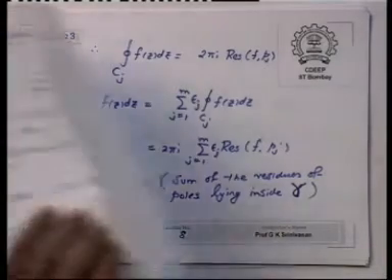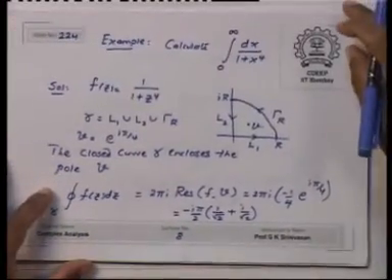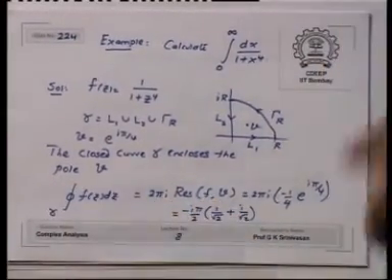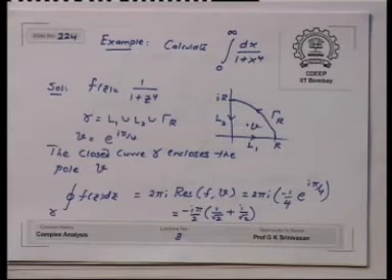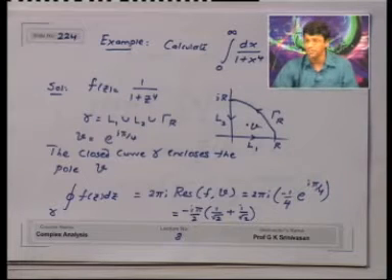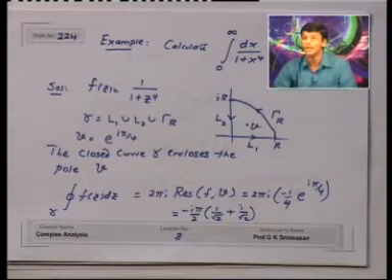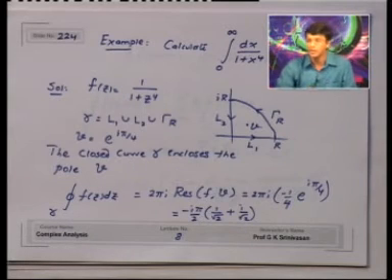So, let us look at a simple example. Calculate the integral from 0 to infinity of dx upon 1 plus x to the power 4. Please do not write this down, there will be lots of problems for you to do. You start with f(z) equal to 1 over 1 plus z to the power 4. Where are the poles?